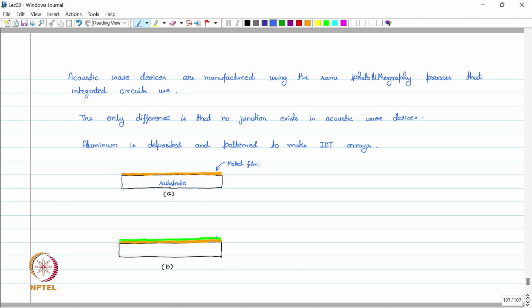So this is the resist, or photoresist. This is the metal, and this is the substrate.